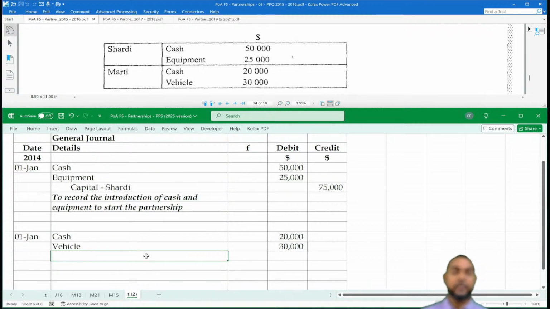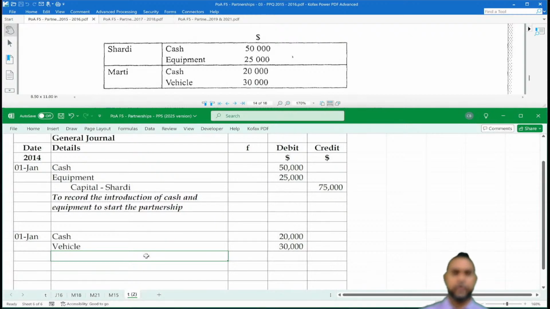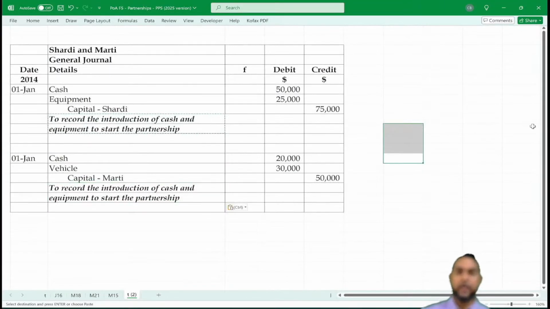And then it is 50. So Marty. Right. Let's maximize that. See what we're working with.